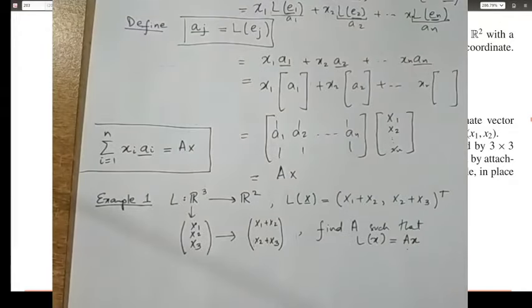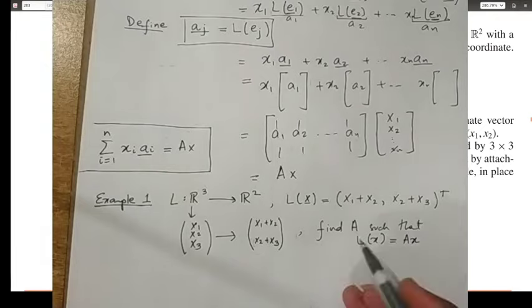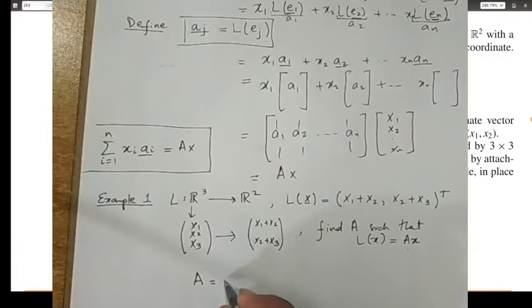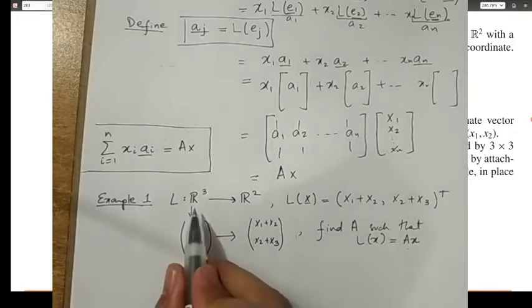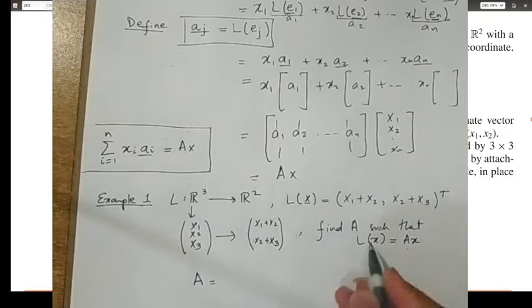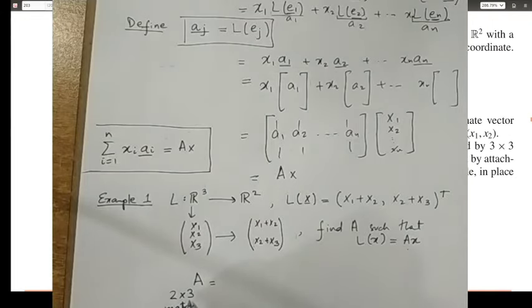The previous theorem told us that to find this matrix A, first let's figure out the size of this matrix. If this is R3 to R2, then A will be a 2 by 3 matrix, because it should be able to be multiplied with a 3 vector and the result should be a 2 vector.